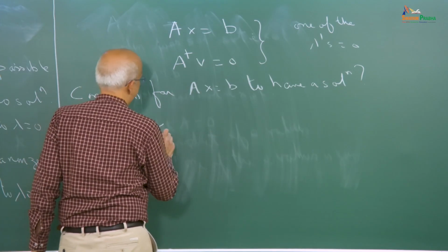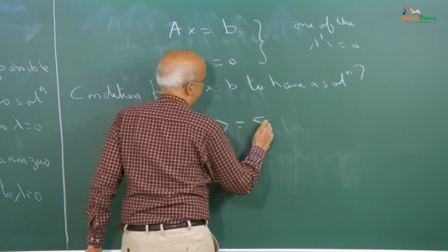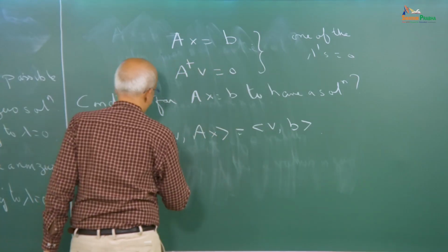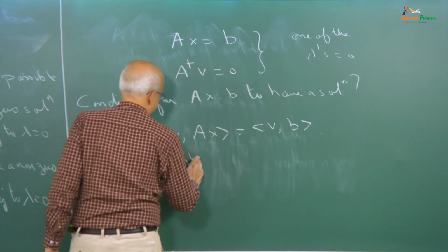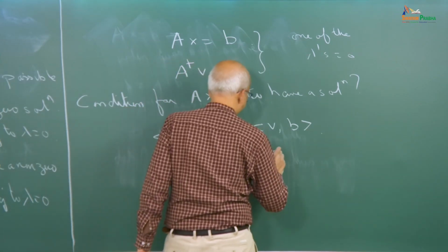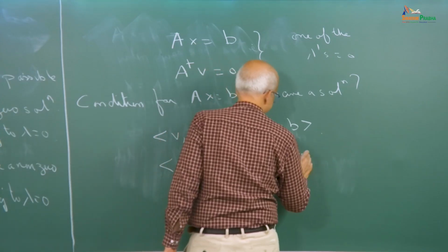So, I am going to do inner product of v with Ax equals inner product of v with b, and here, A transpose v with x equals inner product of 0 with x.